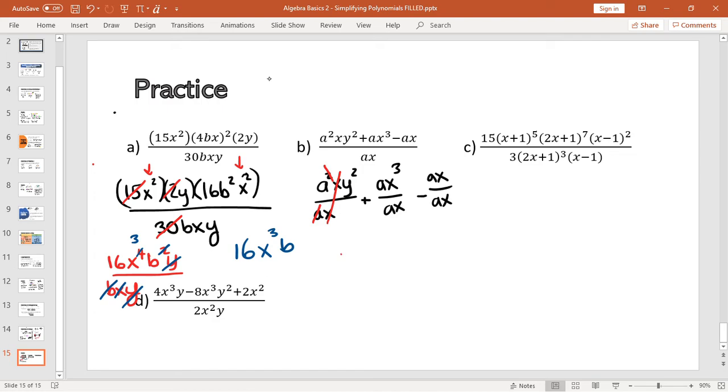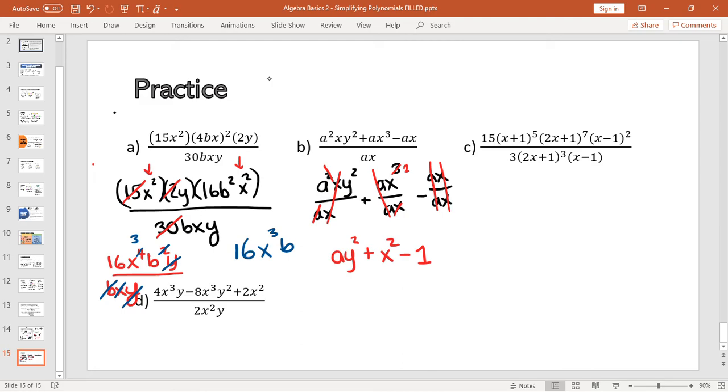So our first term will be ay squared. a over a cancels. x drops to a 2. a cancels, x cancels. Do we write 0? No. Anything over itself, 2 over 2 is 1, so ax over ax is also 1.